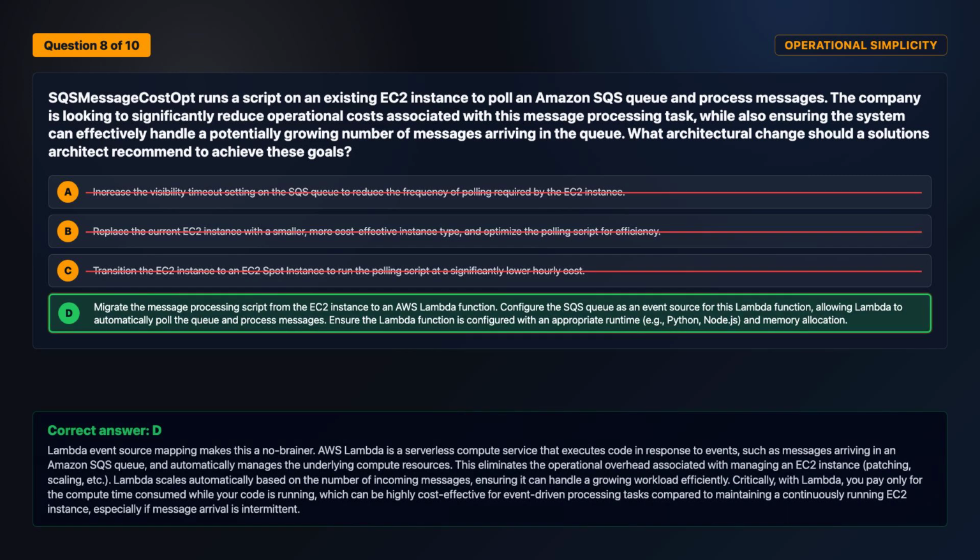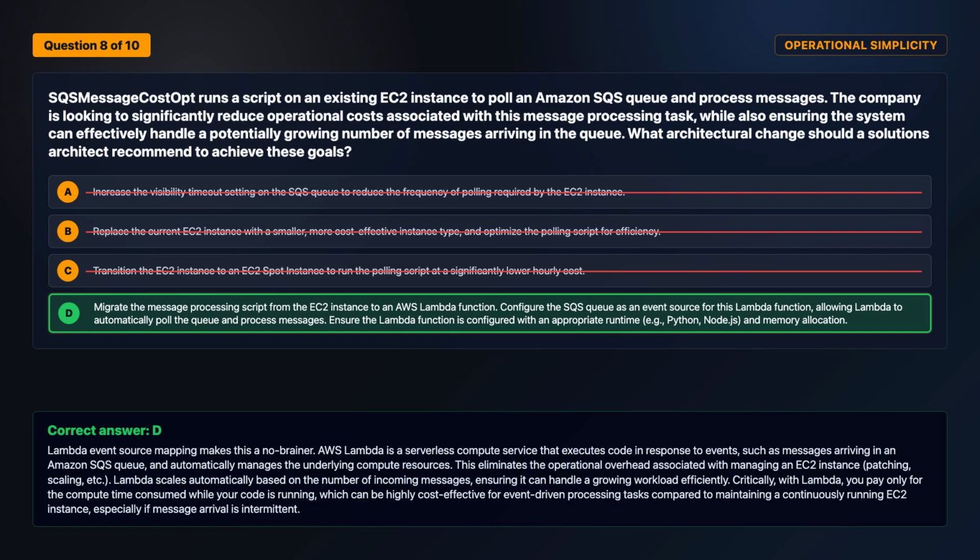The correct answer is option D. Lambda event source mapping makes this a no-brainer. AWS Lambda is a serverless compute service that executes code in response to events, such as messages arriving in an Amazon SQS queue, and automatically manages the underlying compute resources.